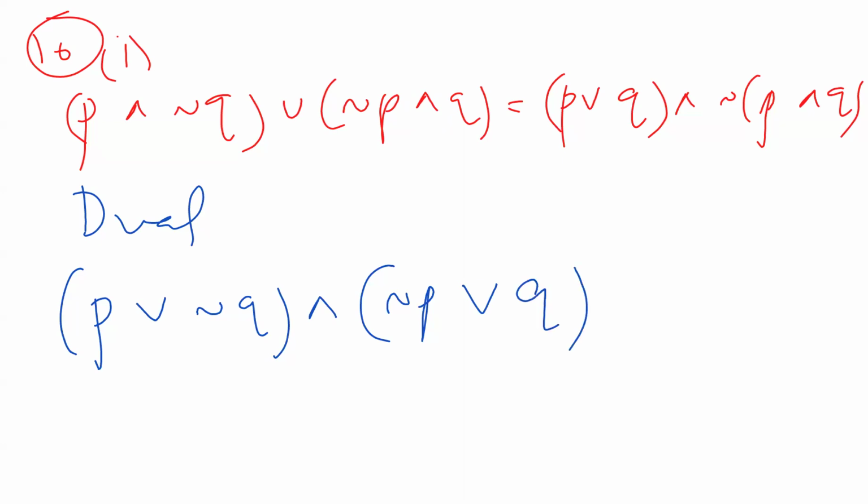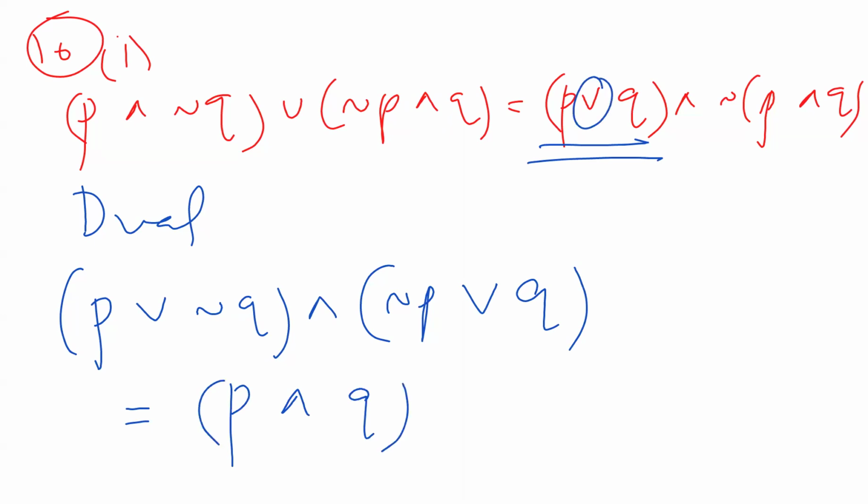Q is Q, equivalent to P and Q. Or became and, and became or. Negation remains the same.